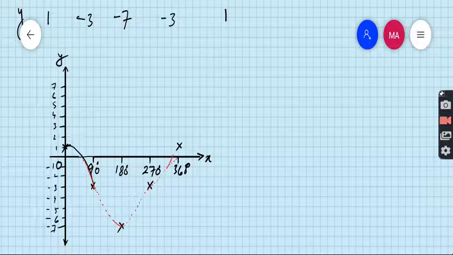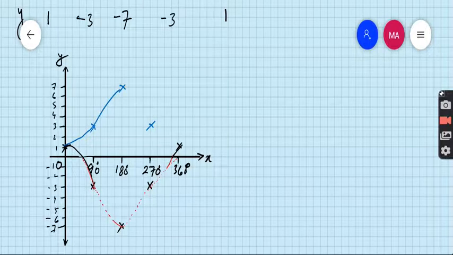And this last one is, yes. So this is 90, minus 3, this should be 90, plus 3. For 180, minus 7, this should be positive 7. This minus 3 should be plus 3. And 360 is 1. Now our graph is the reflection.